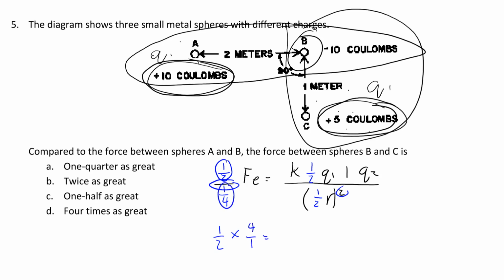So now you get 1 times 4, so that's 4, over 2 times 1, so that's 2. 4 divided by 2 is equal to 2. So the electrostatic force is 2 times as great. Fe, 2 times Fe. So we're looking for twice as great.